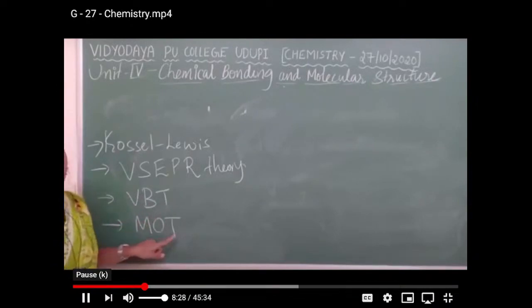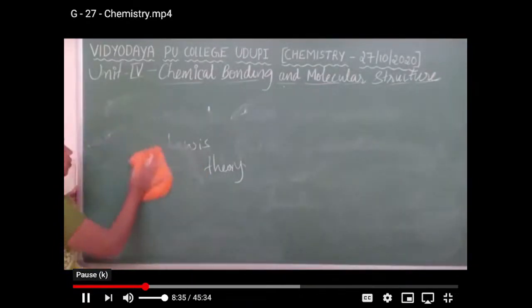Next is MOT, molecular orbital theory. Molecular shape, why it has that shape, will be explained by these theories. So we will study them one by one.